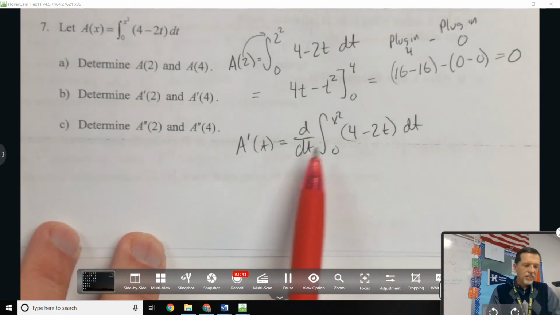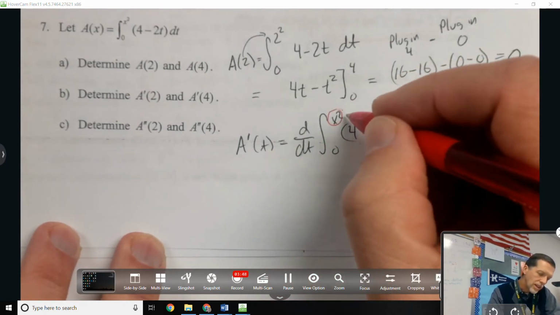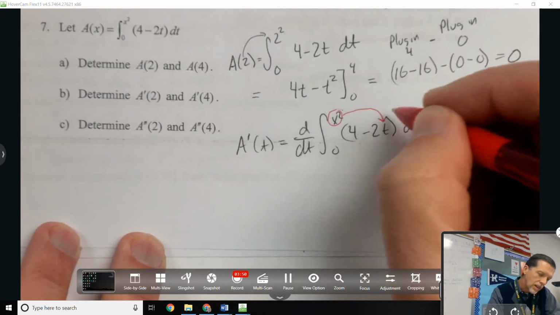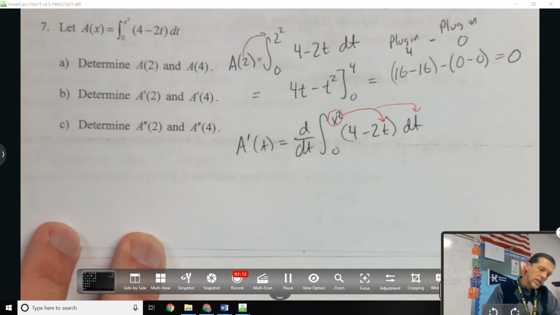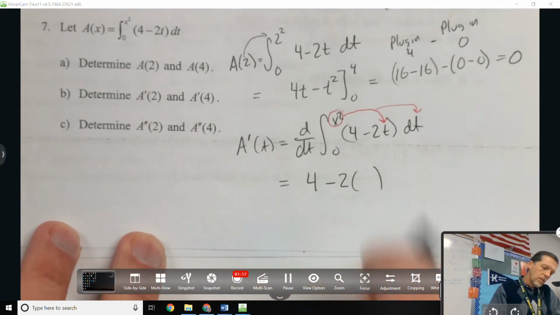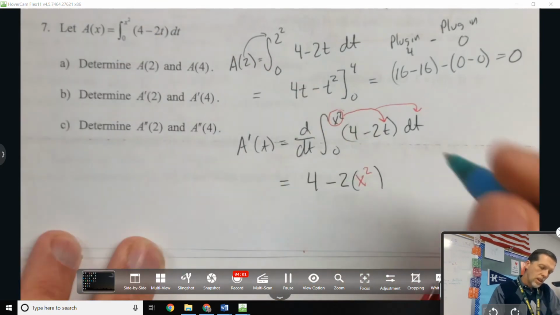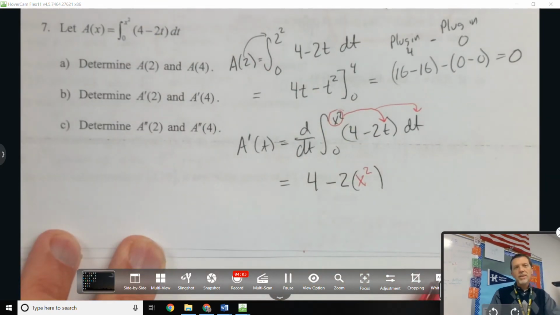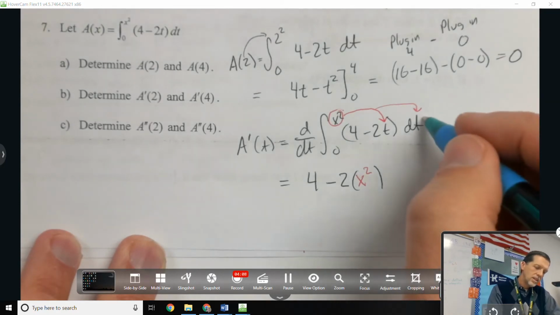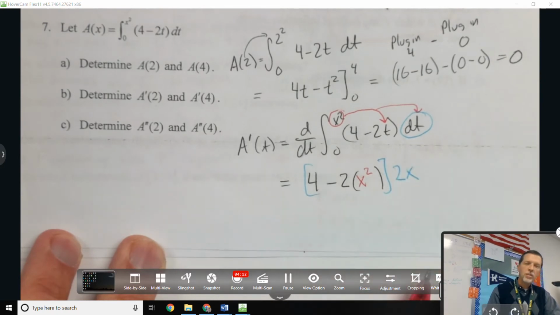The derivative of an integral, that sort of cancels each other out. This is where we plug in the top. So I get 4 minus 2 times x squared, times that 2x for a chain rule.